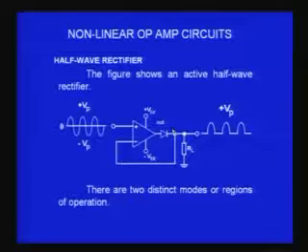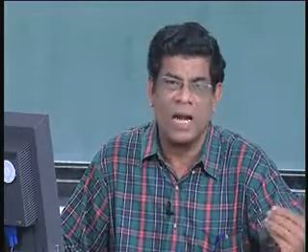You will have no difficulty with reference to the cut-in voltage of the diode, which in the normal case should be 0.7 volts, but here because of the open loop gain of the op amp, and because of the configuration, the way I have connected it, the cut-in voltage of the diode is reduced to 7 microvolt. So, this is the greatest advantage of using the diode along with the op amp, so that even very low level signals, peak voltages, anything beyond 7 microvolt can be rectified.